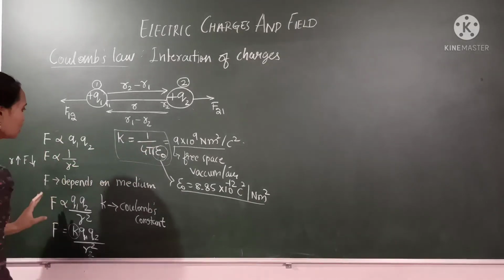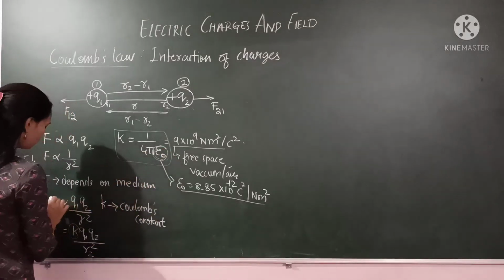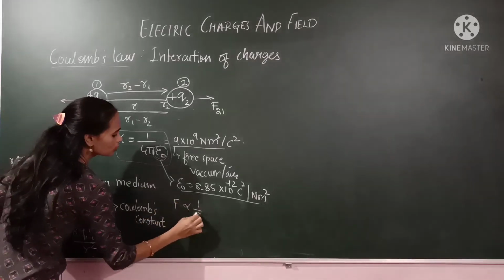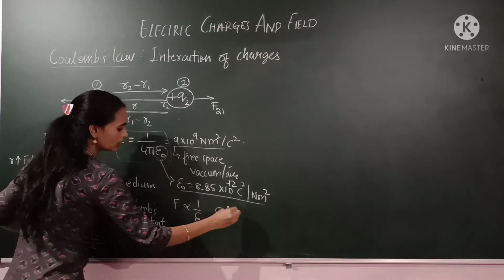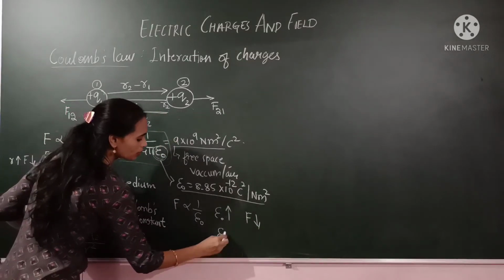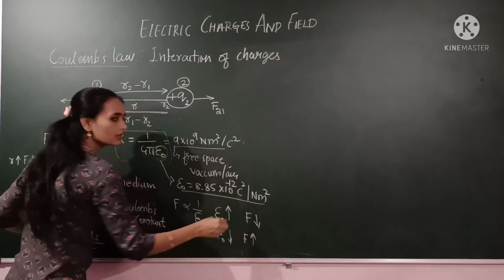Next, see the relation between this epsilon and the force. F is inversely proportional to epsilon, which means when the permittivity of the medium increases, the force will decrease. If the permittivity decreases, then the force will increase.